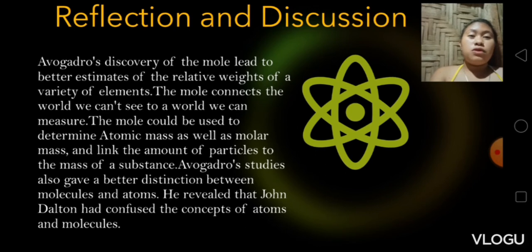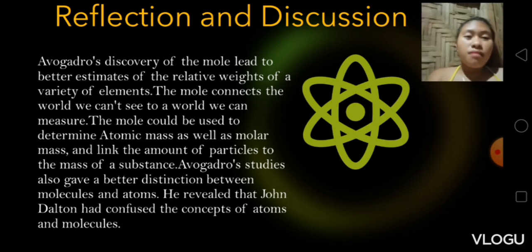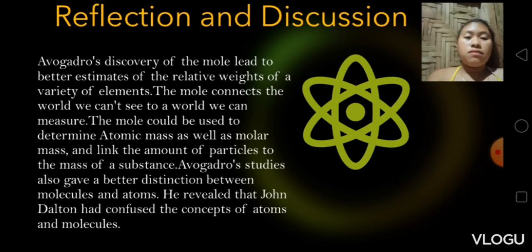It can be used to determine atomic mass as well as molar mass, and the amount of particles to the mass of the substance. Avogadro's studies also gave a better distinction between molecules and atoms. He believed that John Dalton had confused the concept of atoms and molecules.